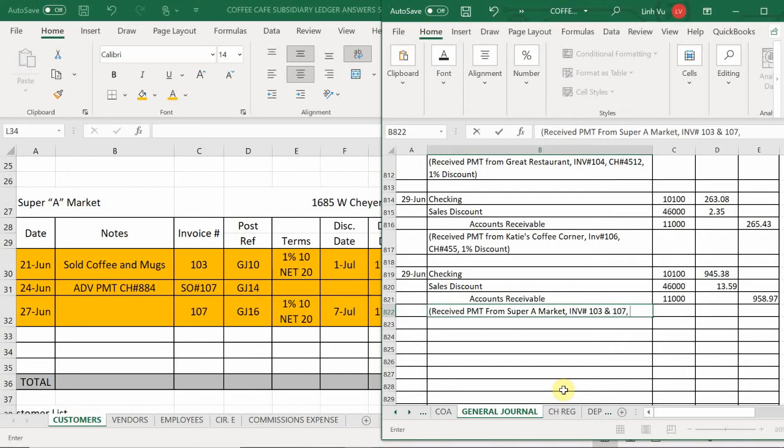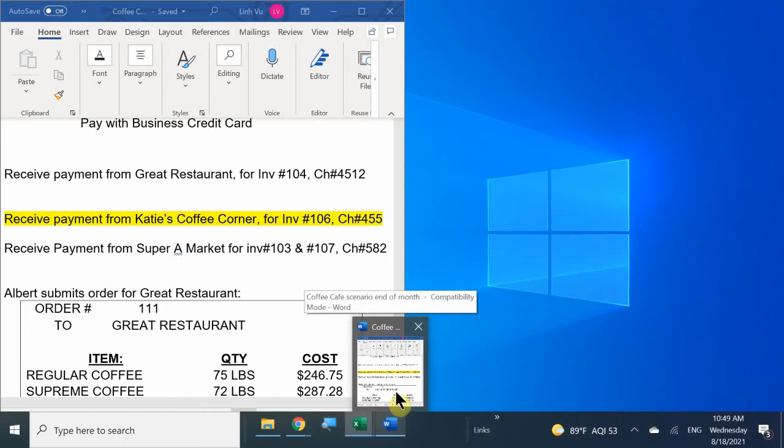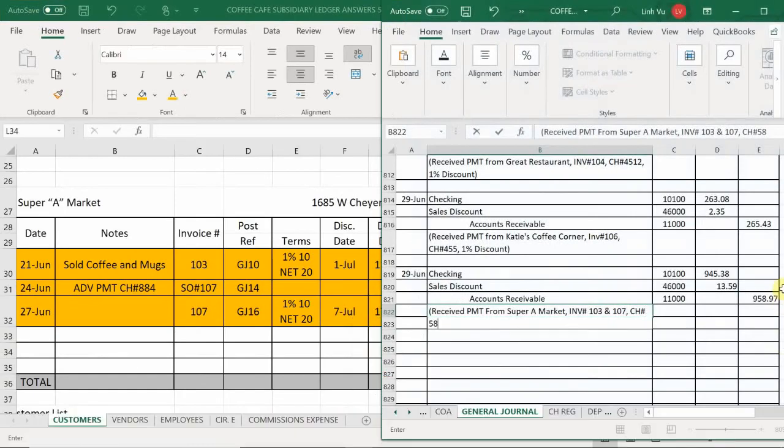Okay. And check number, let's see what check number they sent us. They sent us check number 582. Okay. And then 1% discount.